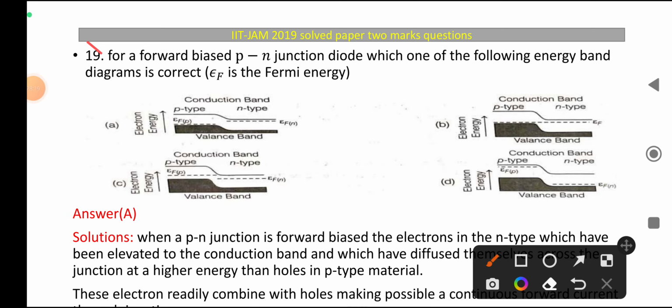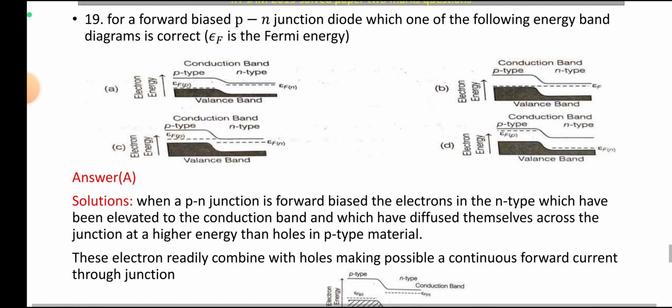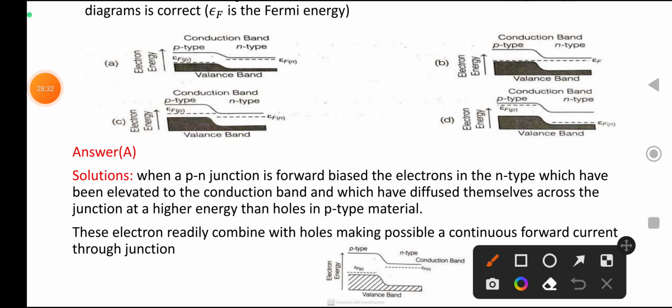For a forward biased PN junction diode, which one of the following energy band diagrams is correct? Okay, so we have to see which energy band diagram is correct. What is given in the band diagram? This side valence band, above it conduction band. So that means as you move upward, energy increases.